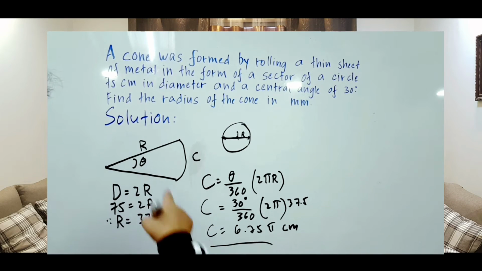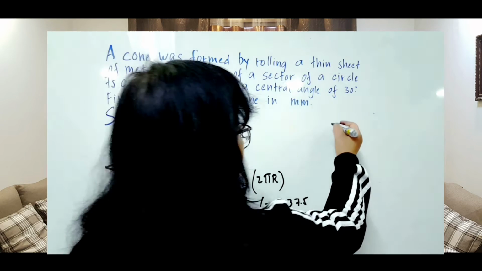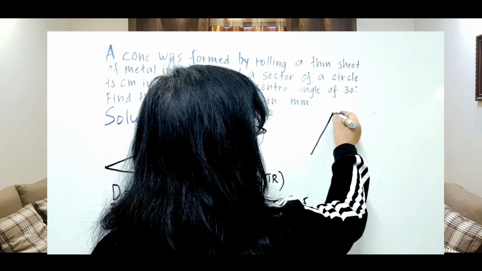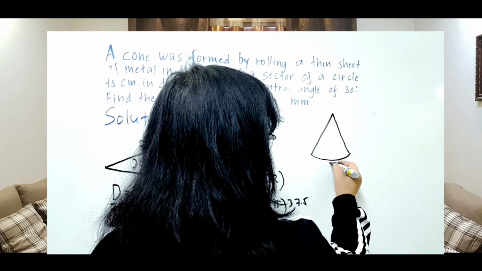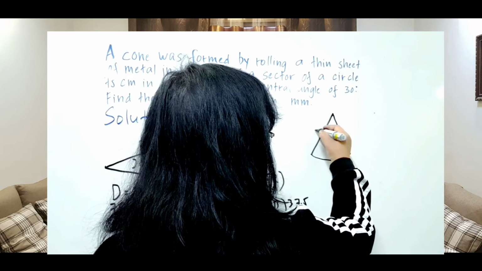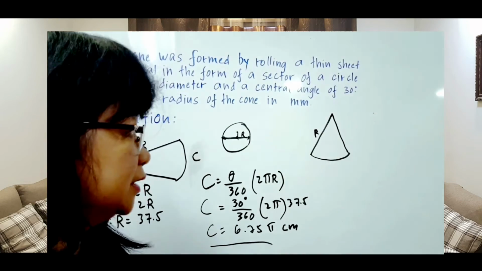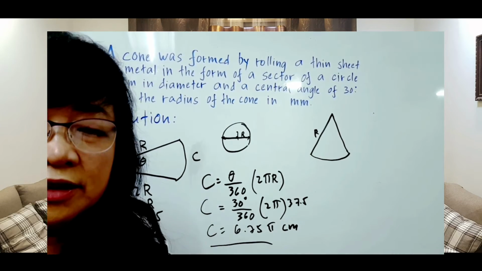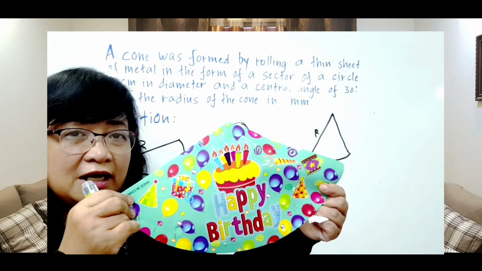Now, what is required here is the radius of the cone. If we have to draw the cone, this is the r. As I've said, the thin sheet is like this.